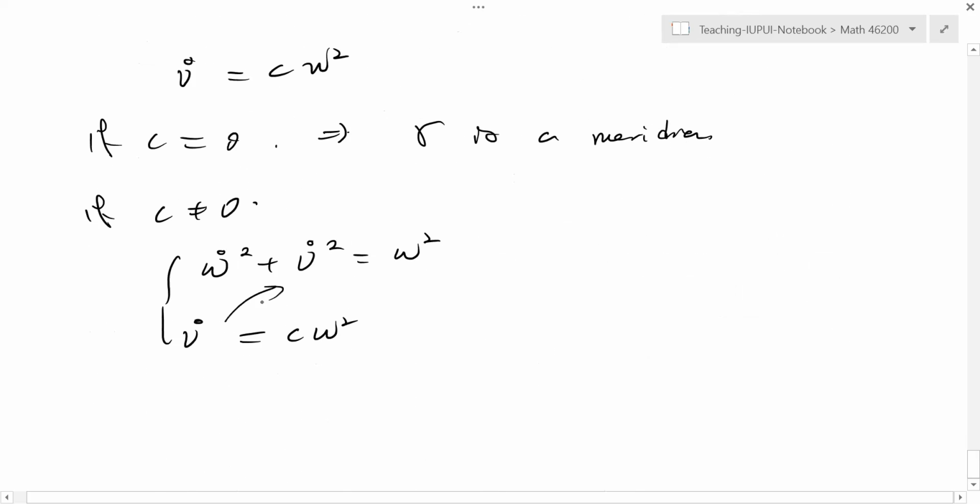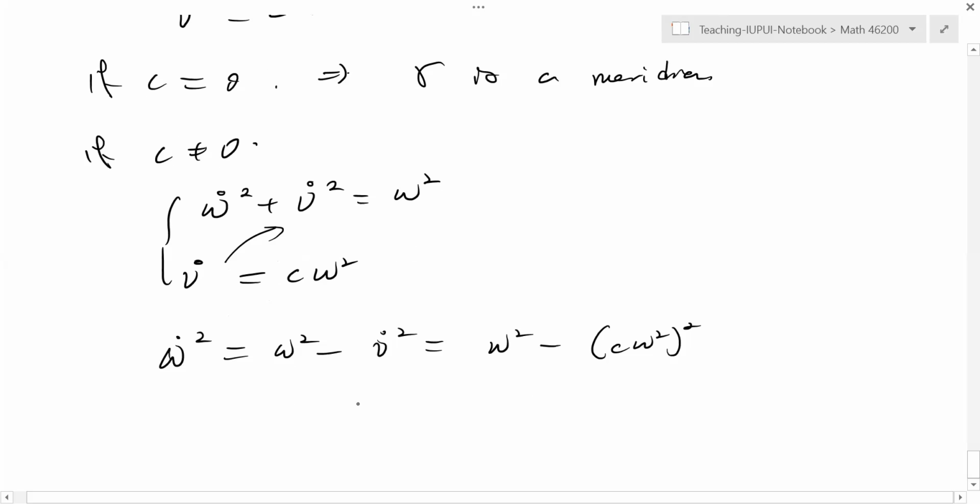W dot squared is going to be W squared minus V dot squared, and V dot is C W squared, so I get W squared times (1 minus C W squared).